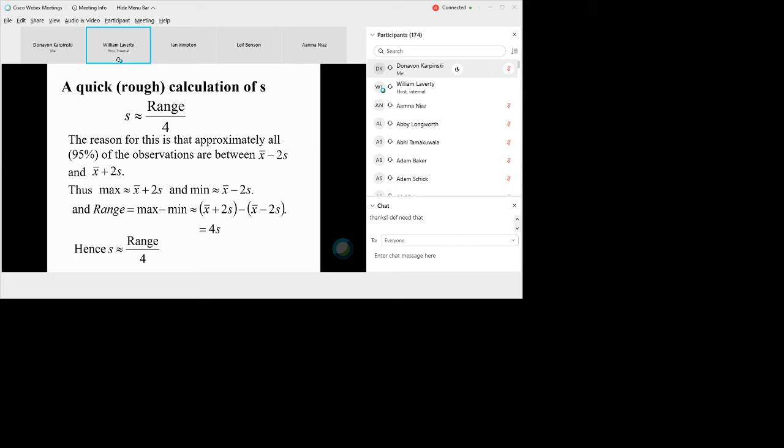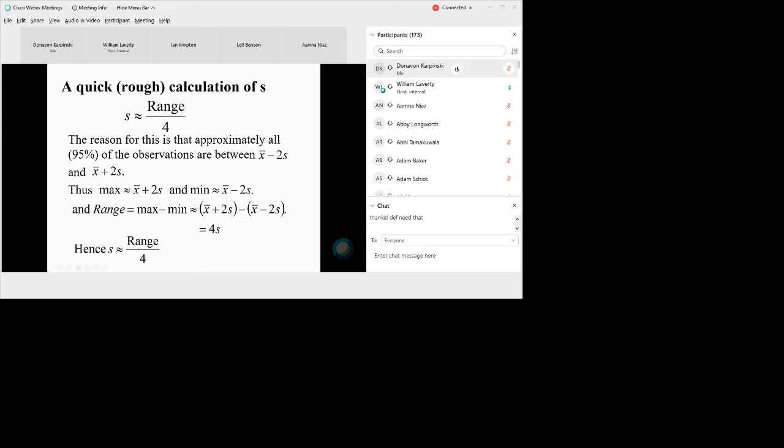It's the range divided by 4. 95% of the observations live between x bar minus 2s and x bar plus 2s. So the maximum is probably going to be around x bar plus 2s. The minimum is going to be approximately x bar minus 2s. The range will be approximately x bar plus 2s minus x bar minus 2s, which is 4s. So if I divide both sides by 4, s is going to be approximately the range over 4.